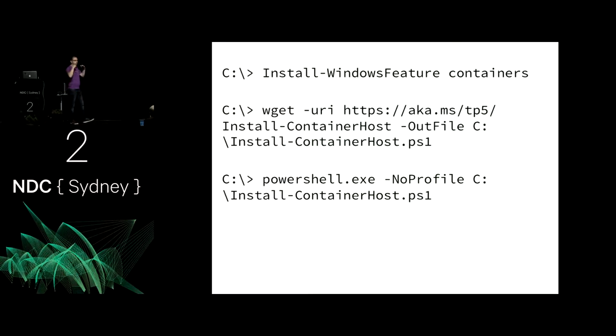So once you've got Windows Server 2016 set up, there's a new Windows feature called containers, funnily enough. So you install that, and that adds all the hooks and all of the APIs which Docker needs to be able to deal with Windows. There are then 2 helper scripts, which you can download, which install everything, and it will just run and configure the host to have Docker and containers and everything set up which you need.